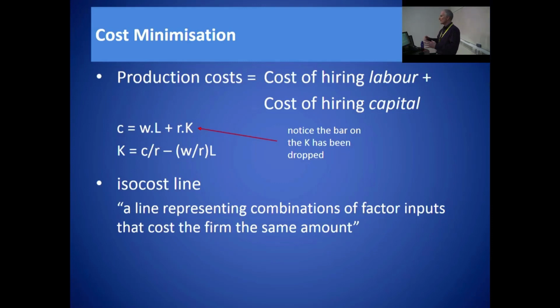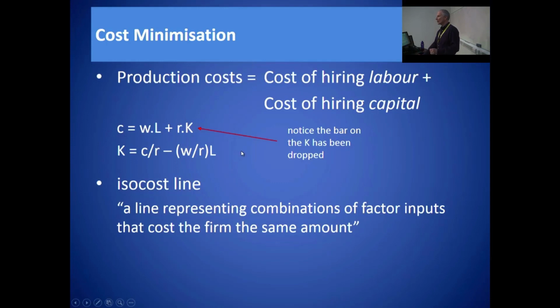So starting from that very, very explanatory starting point, production costs, cost of hiring labour, plus the costs of hiring capital, can easily derive that expression there, which is the firm's ISO cost line. Combinations of factor inputs that cost the firm the same amount. So that's the ISO cost line.